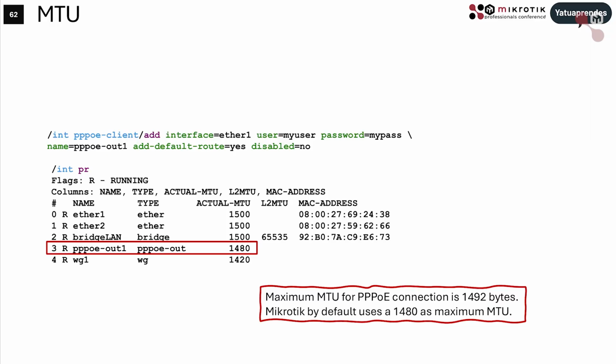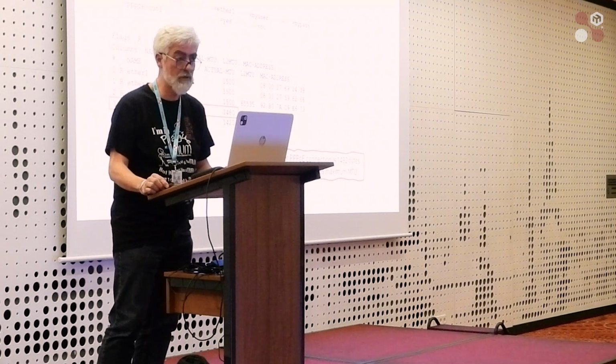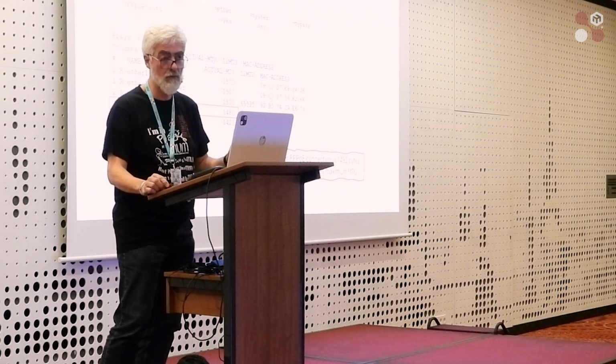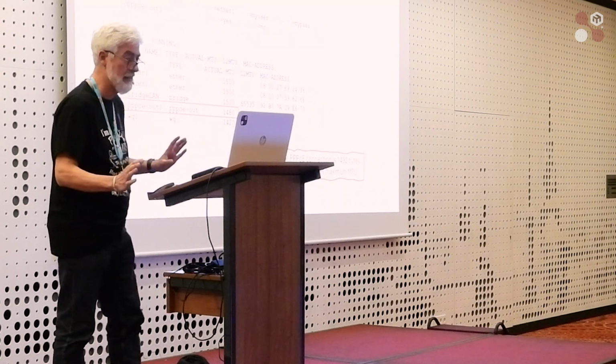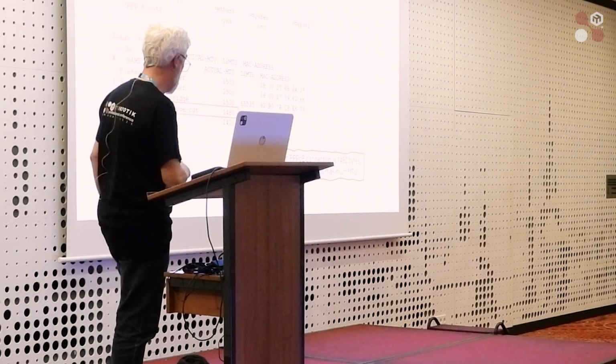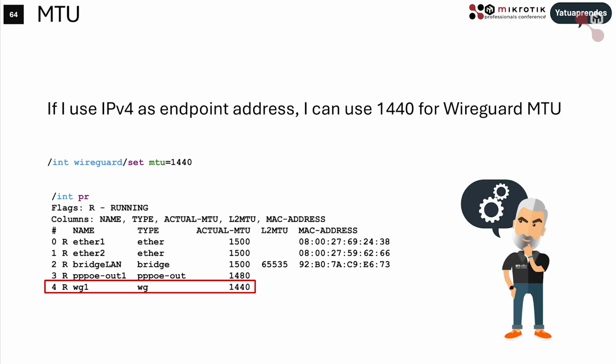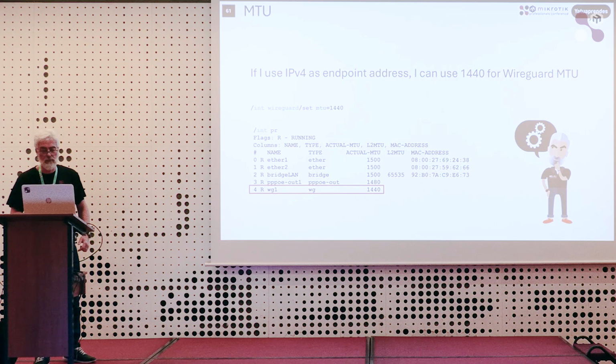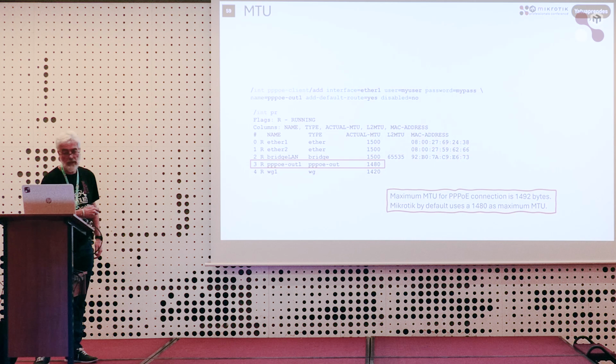Okay. MikroTik uses a default. This default number is a maximum because it seems to be an extension. I couldn't find it anywhere, but it's the number I searched for and did not find. Then we have 1440 because we are only using IPv4, and we have PPPoE out.